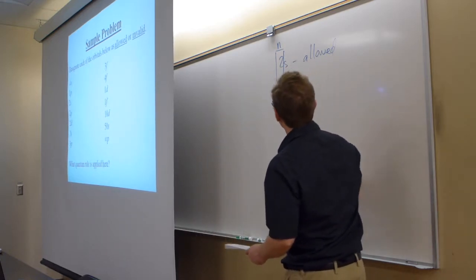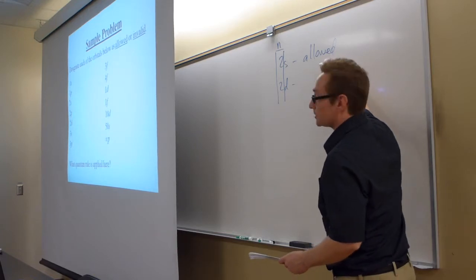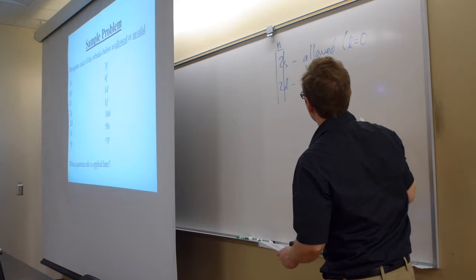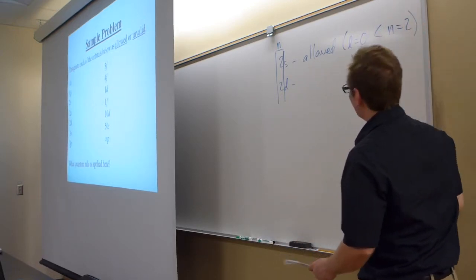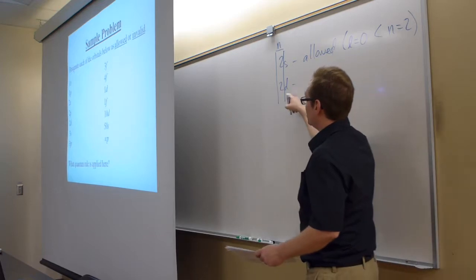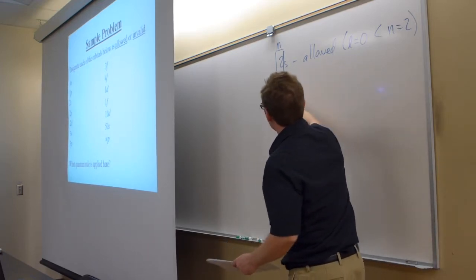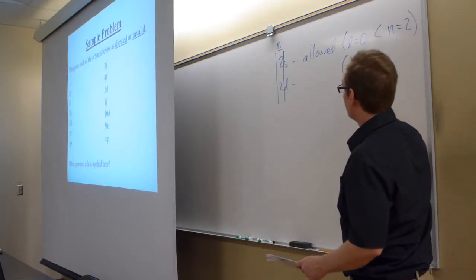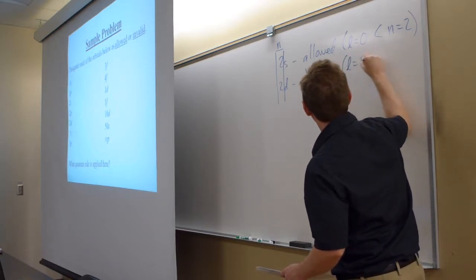So 2s was allowed. The L value is L equals 0, and that's less than n equals 2 in this case. So that's allowed. What about a 2d? If n equals 2, and we know that for any d orbital, L is equal to 2.